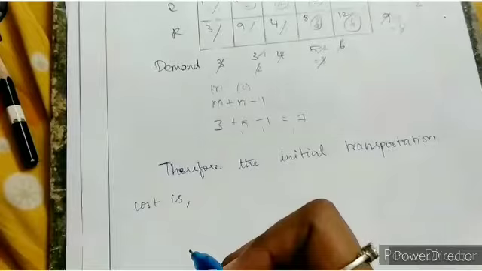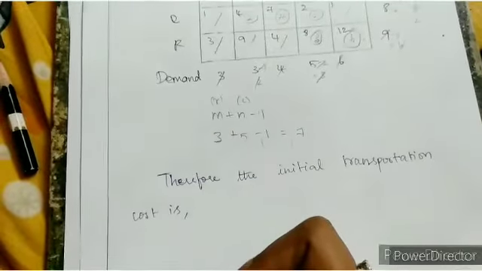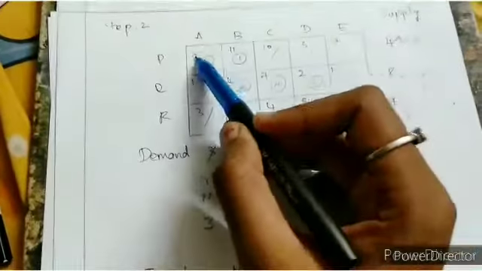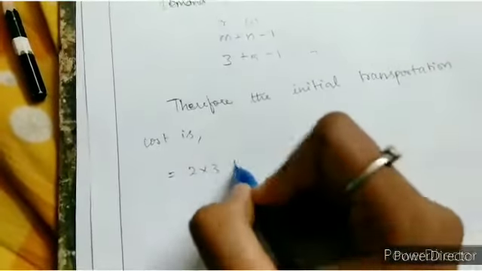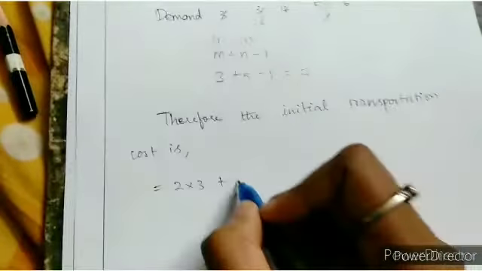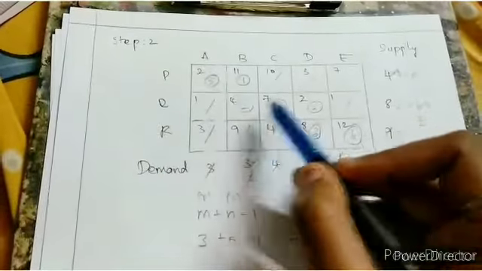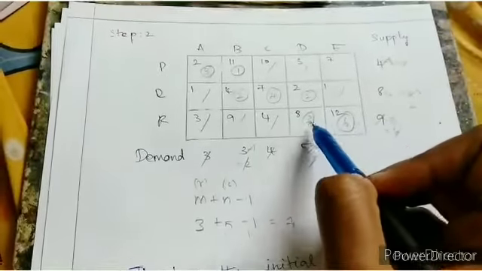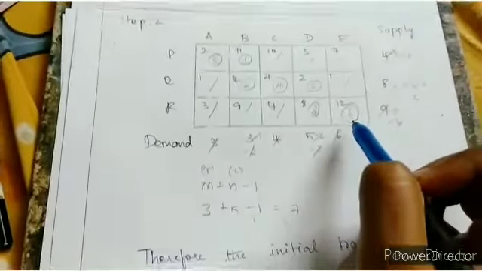To find the initial transportation cost, first we take 2 into 3, write it down here, 2 into 3 plus 11 into 1 plus 4 into 2 plus 7 into 4 plus 2 into 2 plus 8 into 3 plus 12 into 6, and so on.